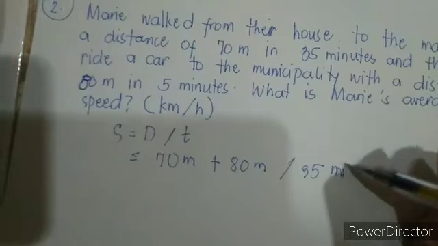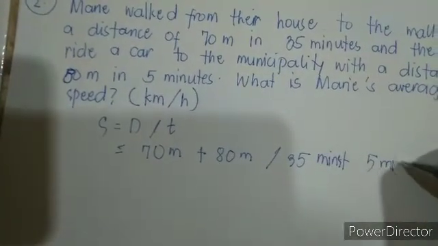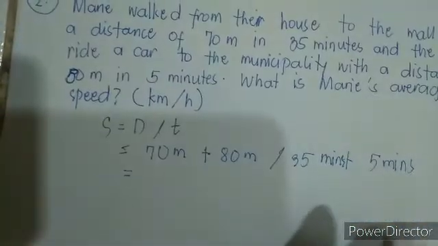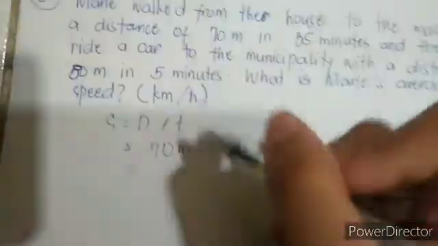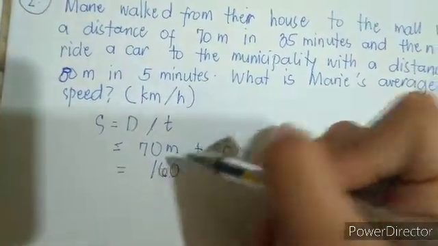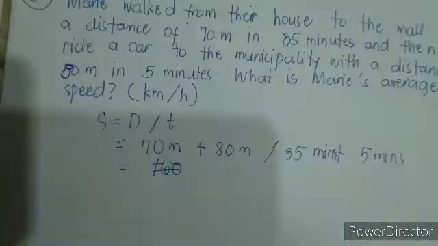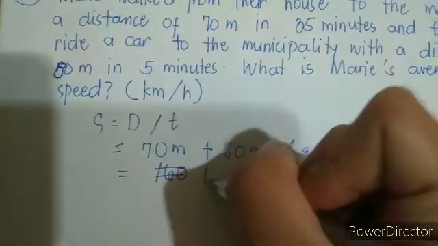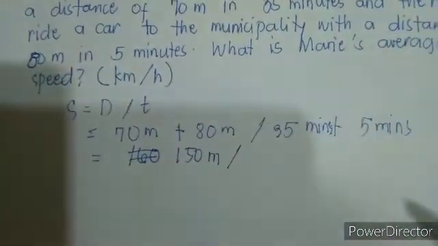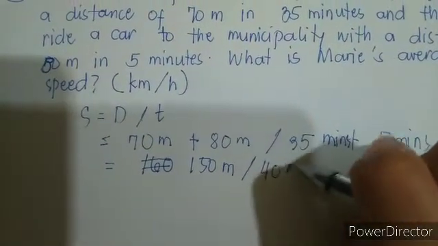So let's add firstly 70 plus 80. We'll have 150 meters divided by, we'll add 35 plus 5, which is equal to 40 minutes.